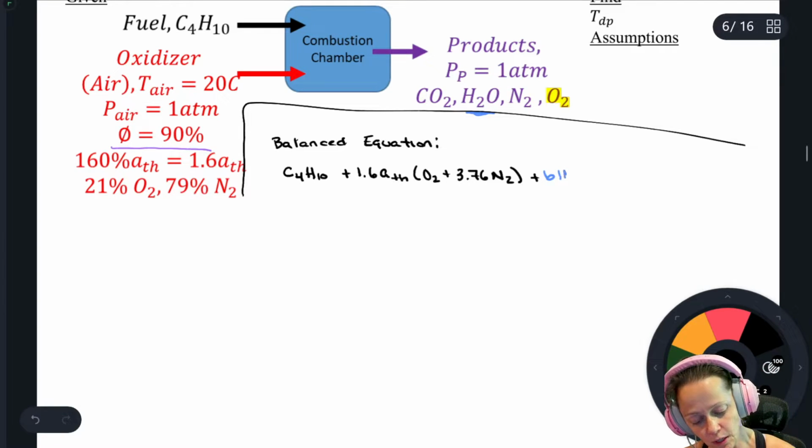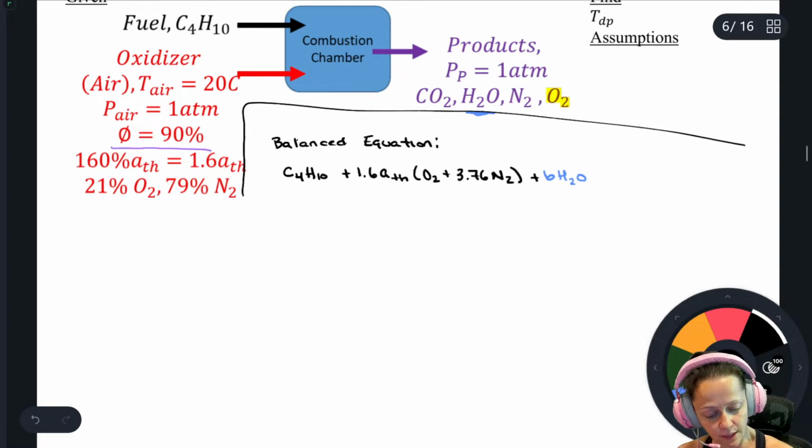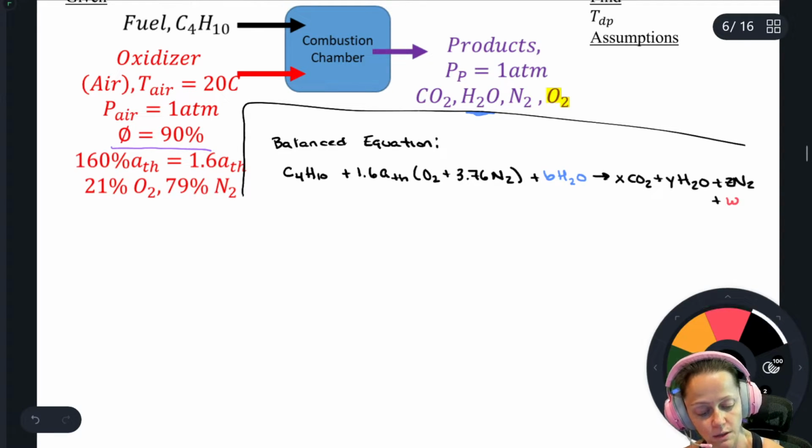I'm going to call that coefficient b, some amount of water. And then that's going to give us some amount of CO2, some amount of H2O, some amount of nitrogen, and some amount of oxygen.